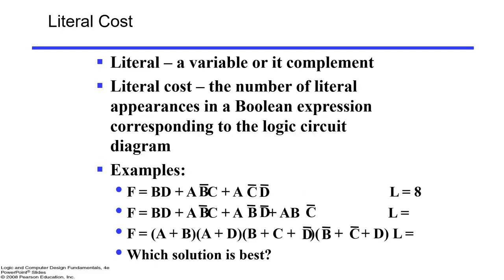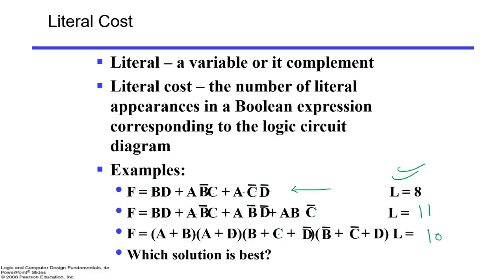Suppose, let's say here, how many literals are there? You can simply count 1 2 3 4 5 6 7 8. So we have 8 literals in total. Now what about this circuit? We have 1 2 3 4 5 6 7 8 9 10 11. Total literals are 11. What about this circuit? We have 1 2 3 4 5 6 7 8 9 10. 10 literals, right?